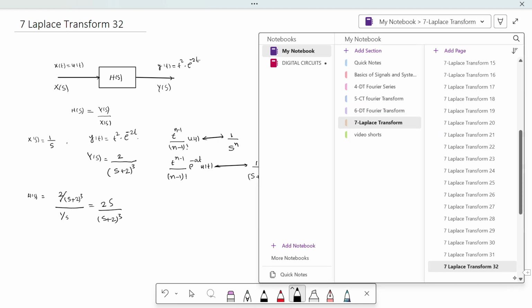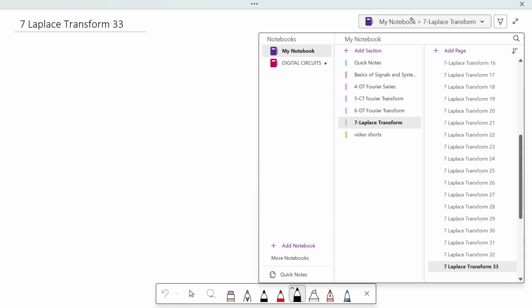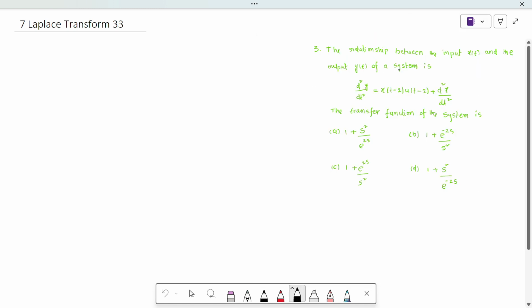Next problem. The relationship between the input and output is given. Find the transfer function. See, d square y by dt square equals x of t minus 2 plus d square x by dt square.